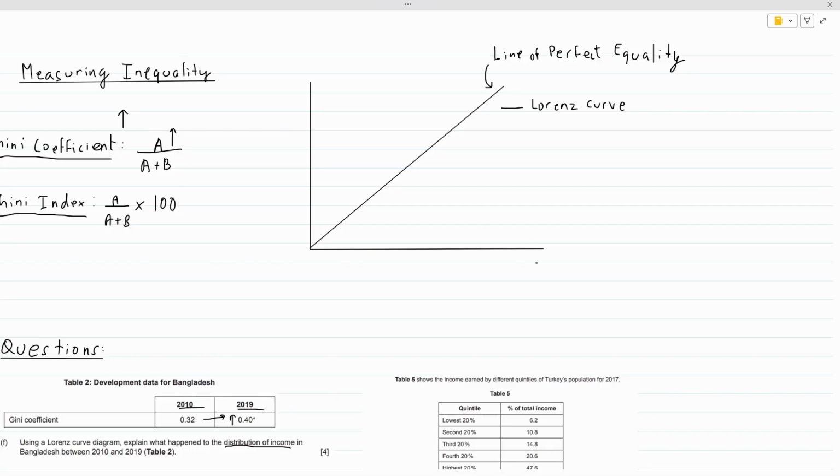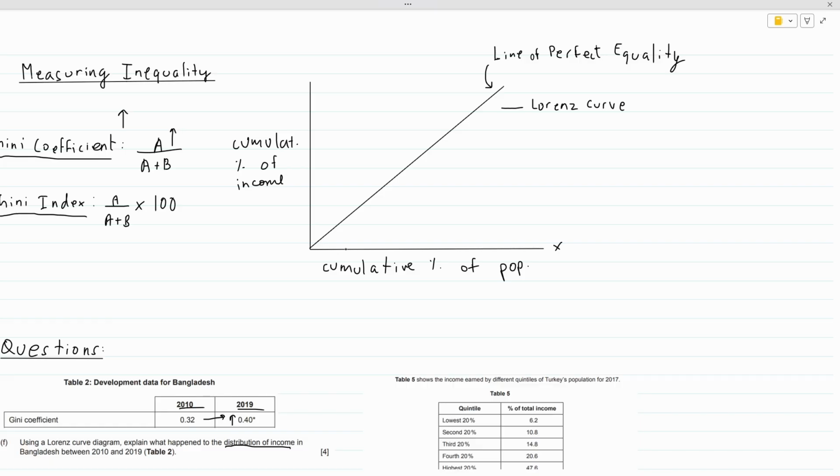So on the x-axis, we have our cumulative percentage of population. And on the y-axis, we have cumulative percentage of income. Okay. Now this straight line, I've marked this as the line of perfect equality. So now let's explore why that is.